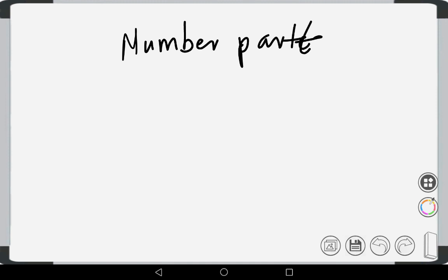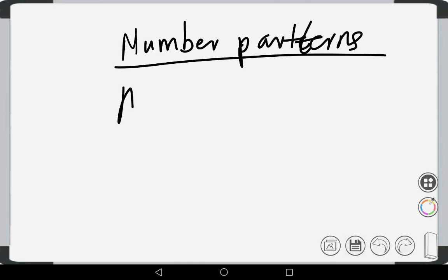Hello guys, today's class we're going to be speaking about number patterns. In number patterns we have three types.